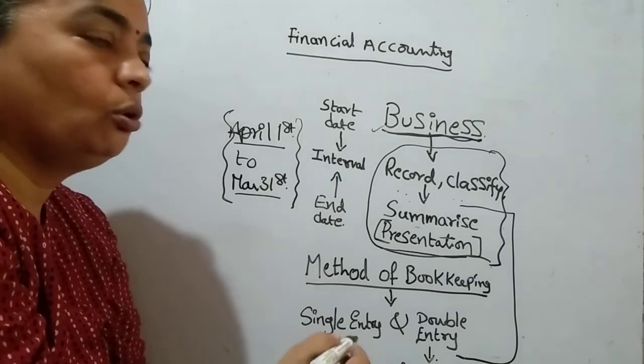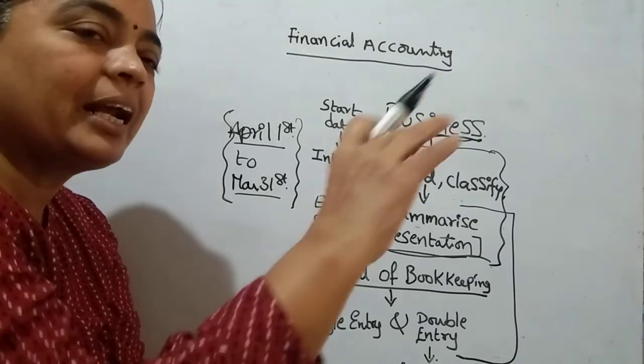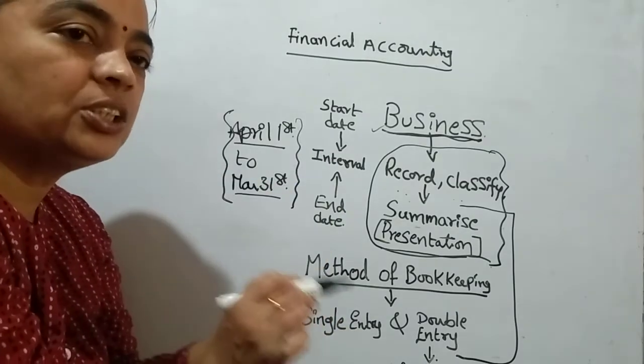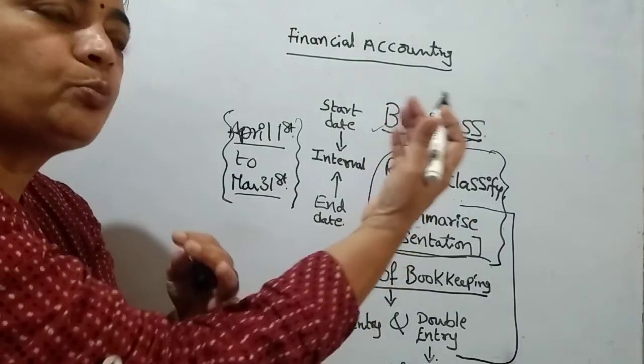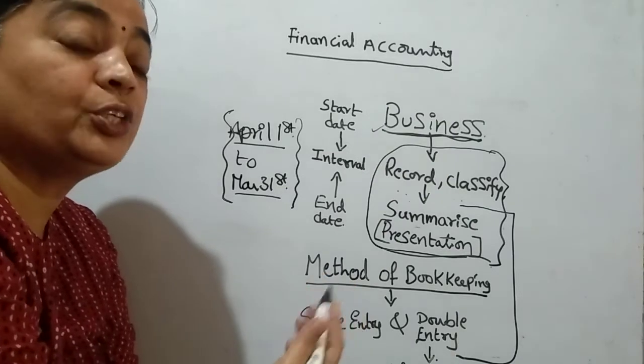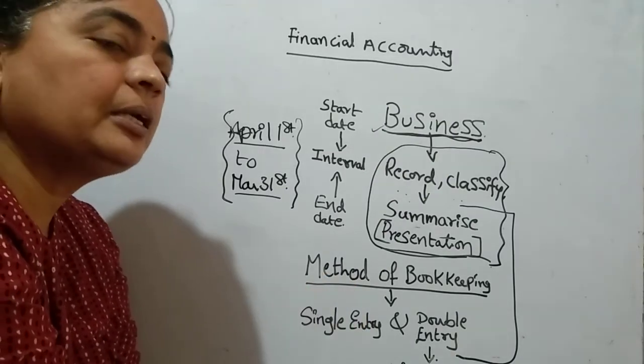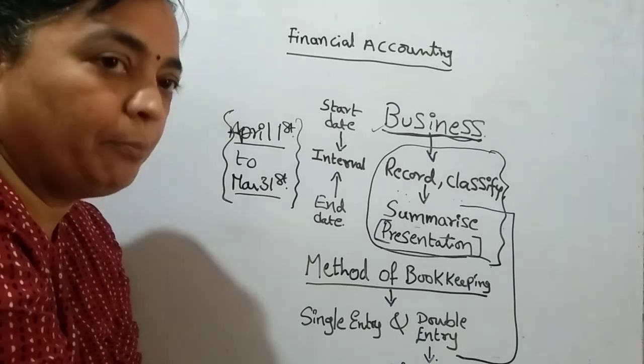No. So I need to summarize, I need to condense all the transactions into small statements, which are called financial statements, nothing but the profit and loss account and balance sheet.